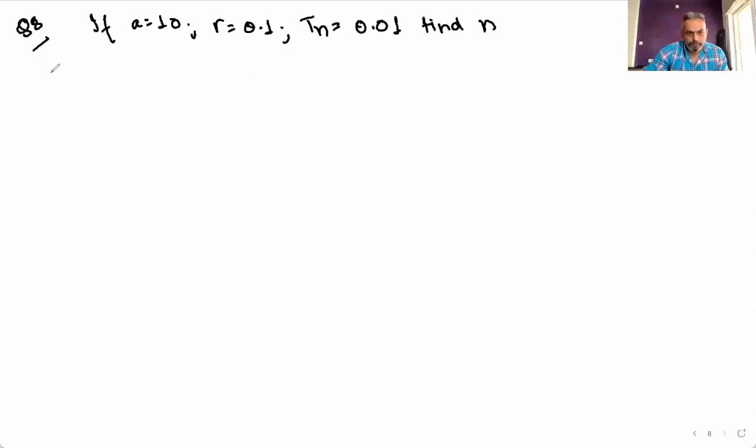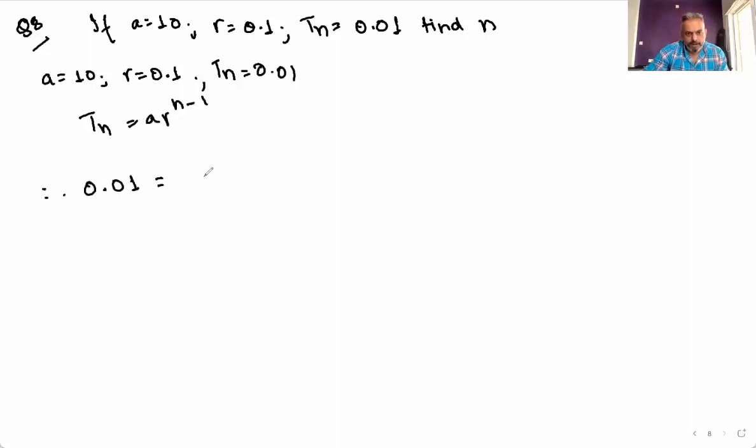Now, A is equal to 10, R is equal to 0.1, Tn is equal to 0.01 is equal to A into R raised to n minus 1. Therefore, 0.01 is equal to 10 into 0.1 raised to n minus 1.